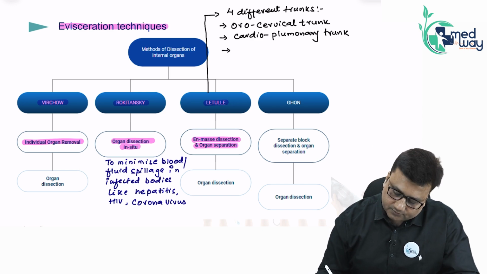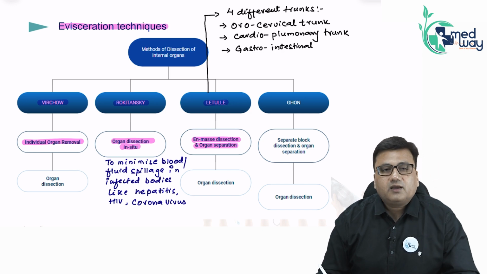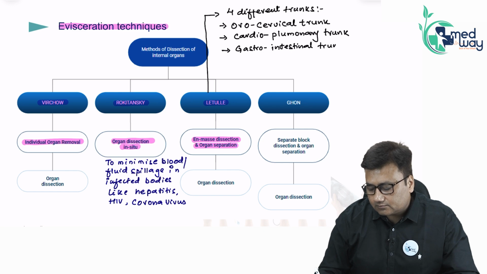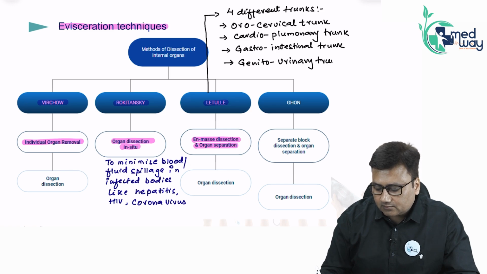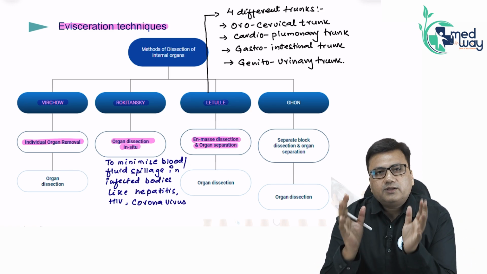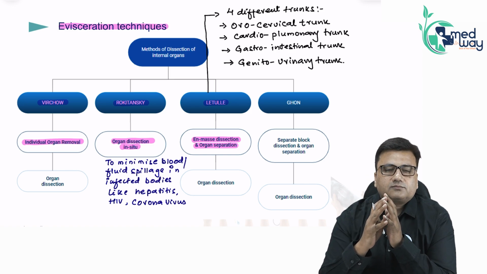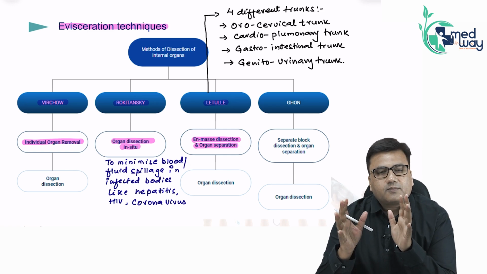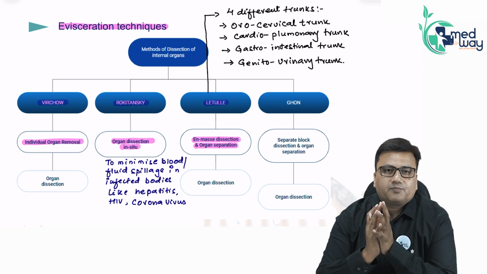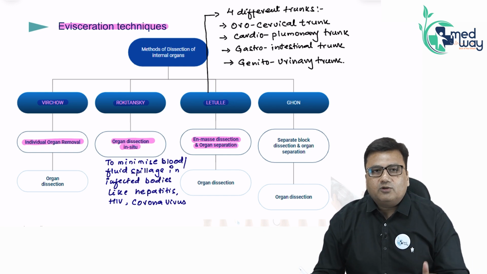The third would be gastrointestinal trunk, and the fourth would be genito urinary trunk. When all these 4 trunks are taken out of the body, connected together with each other, so all the anatomy is maintained. This is called as letule.